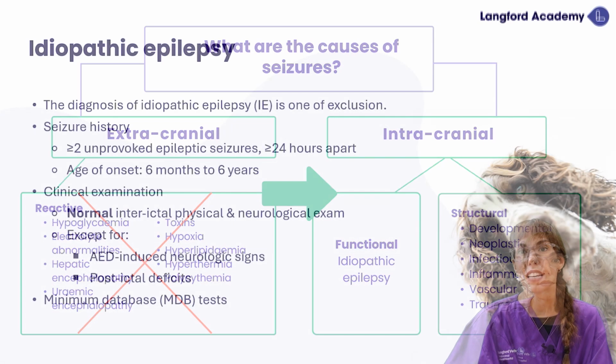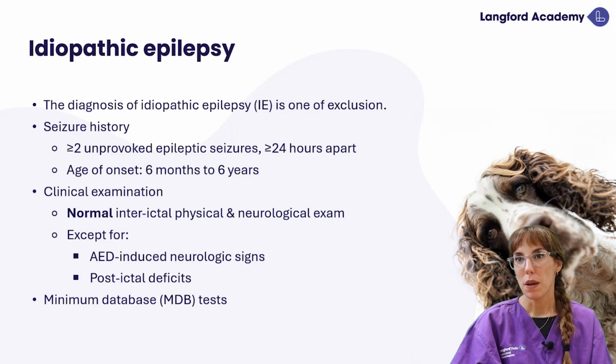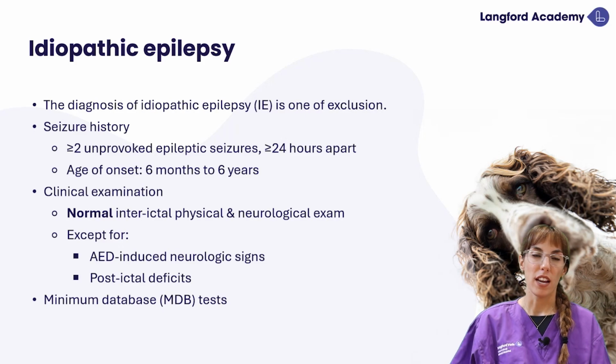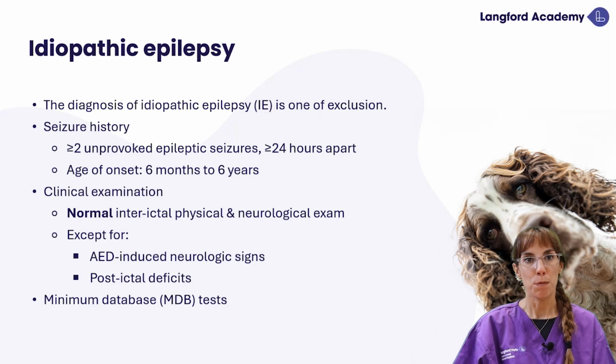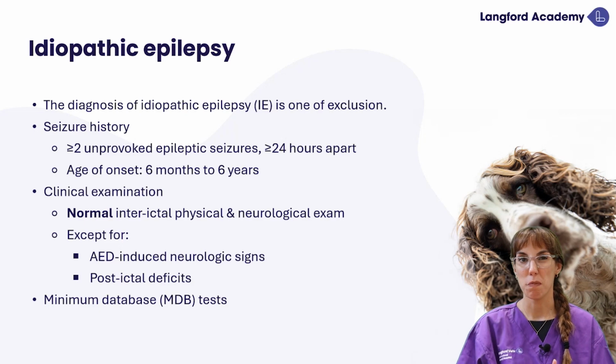So the diagnosis of idiopathic epilepsy is one of exclusion and is based on the following criteria, which is a bit flexible, but usually what you get is an onset of seizures between 6 months and 6 years of age, although it can be younger and it can be older.